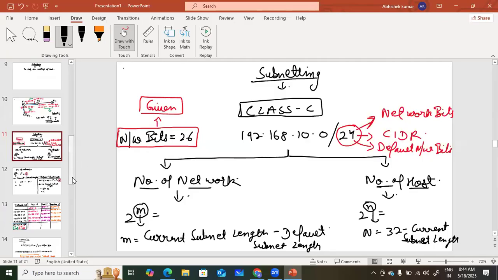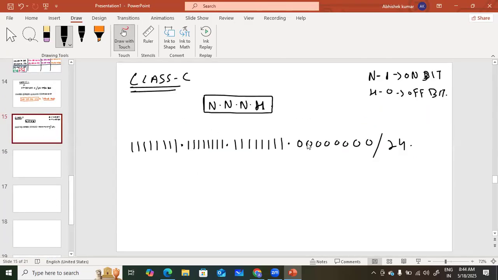What I did is borrow 2 bits from the host. 8 ones, 8 ones, 8 ones, that is 24, and just borrowed 2 from host, 1, 2, and the rest will all be zeros like this. Is this thing clear? Yes, this is clear.